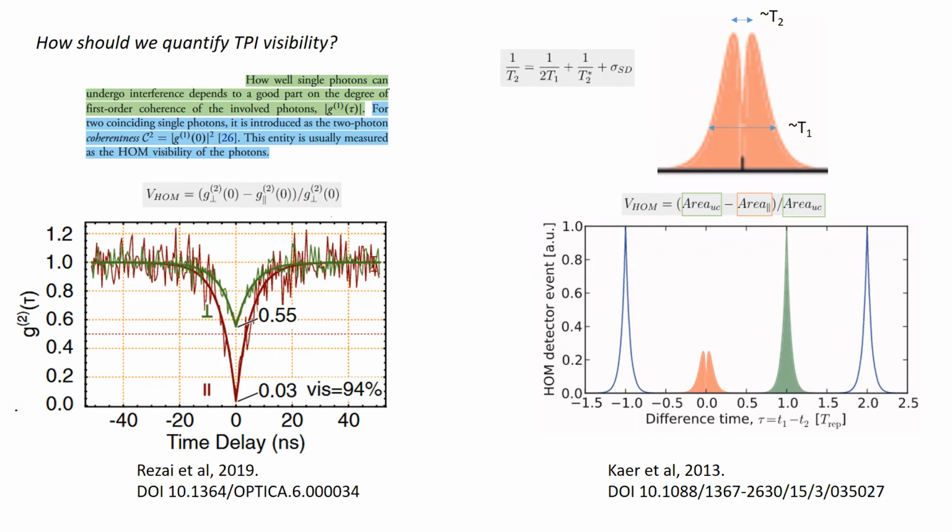Equivalent to the red curve there: if you change to the orthogonal polarization state, you'd still have that G2 at tau 0 would be 0.03. The green curve would exactly overlap. From my understanding, that's why it's quite a clever experimental setup.